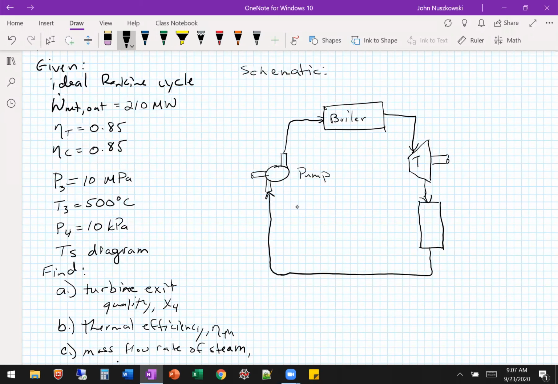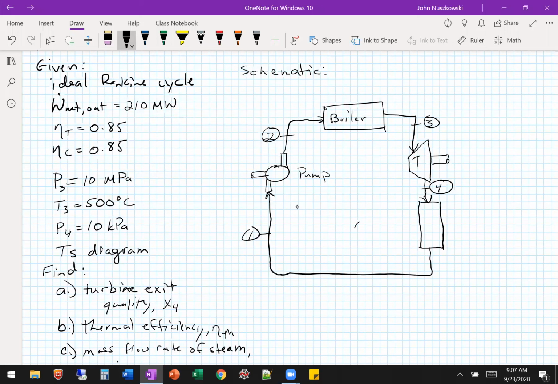All right, so let's label. We got 1 is our inlet to the pump, 2, outlet of the pump, inlet to the boiler, 3, outlet of the boiler, inlet to the turbine, and 4 is the outlet of the turbine, inlet to the condenser.